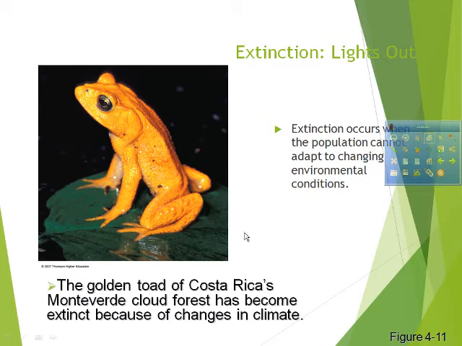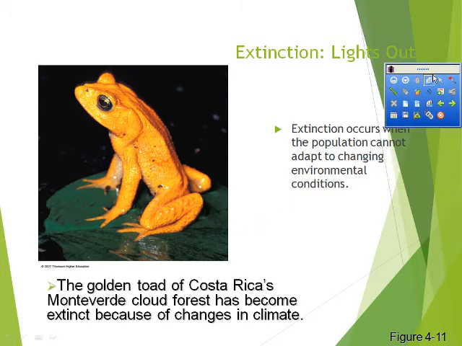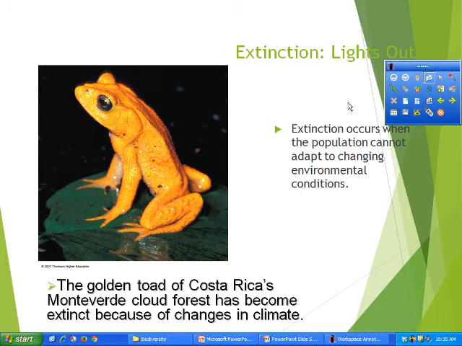Okay, so extinction is another concept that we need to be, unfortunately, comfortable with. When an organism's climate or habitat changes, when its habitat or its food changes, when it can't eat, it can't survive where it is, it's got 2 options.